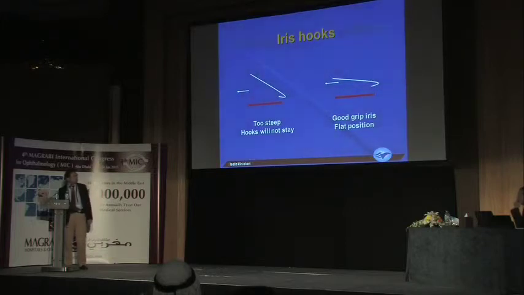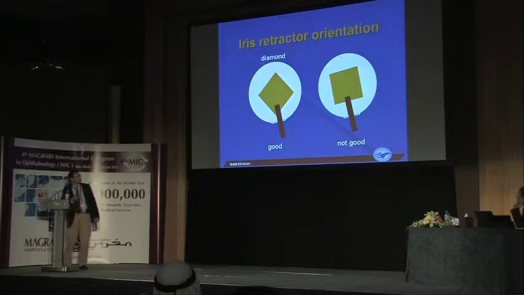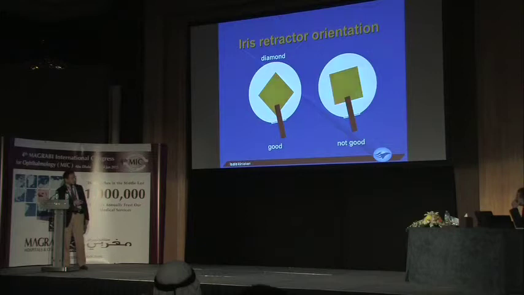And even more important, that you should put one iris hook close to the incision to get away the iris from the phaco tip when entering. And when you put them here and here, so there is iris which is very easily damaged by the phaco tip.